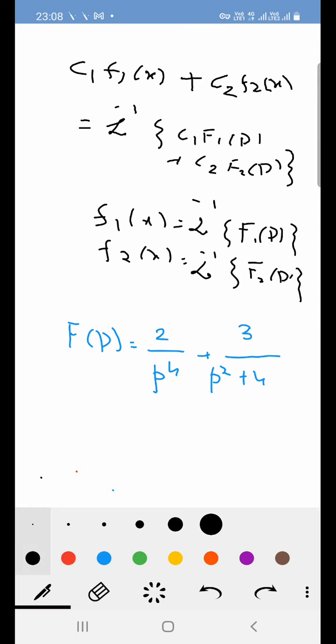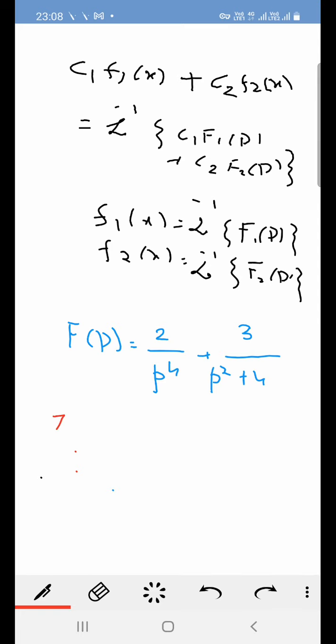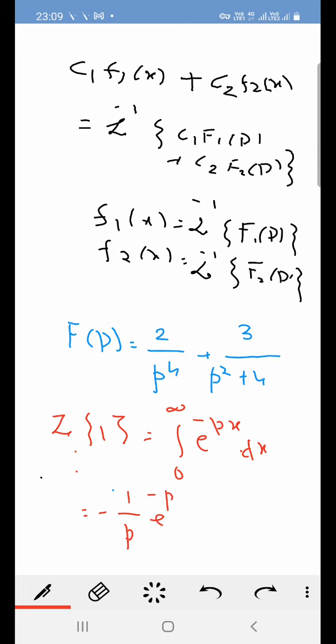So first of all, the Laplace transform of 1 is equal to the integral from 0 to infinity of e to the power minus px dx, and it is equal to minus 1 by p e to the power minus px from 0 to infinity.